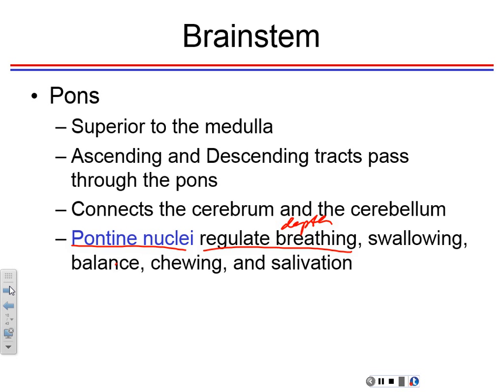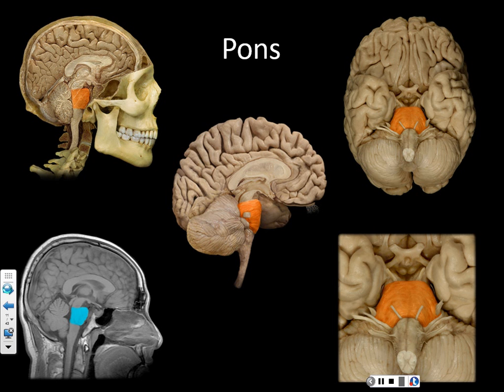Because otherwise you'd be chewing all over your tongue. You do it a few times though, if you bite your tongue when you're eating, because you're trying to be fast or you're talking or something. But for the most part, you never chew up your tongue because that activity is really well controlled by the pontine nucleus. Okay? And then, of course, salivation.